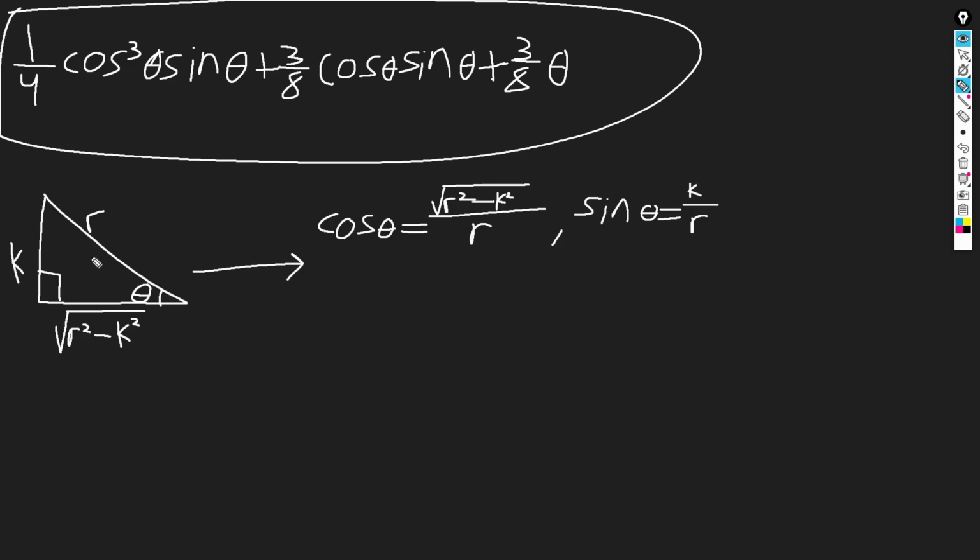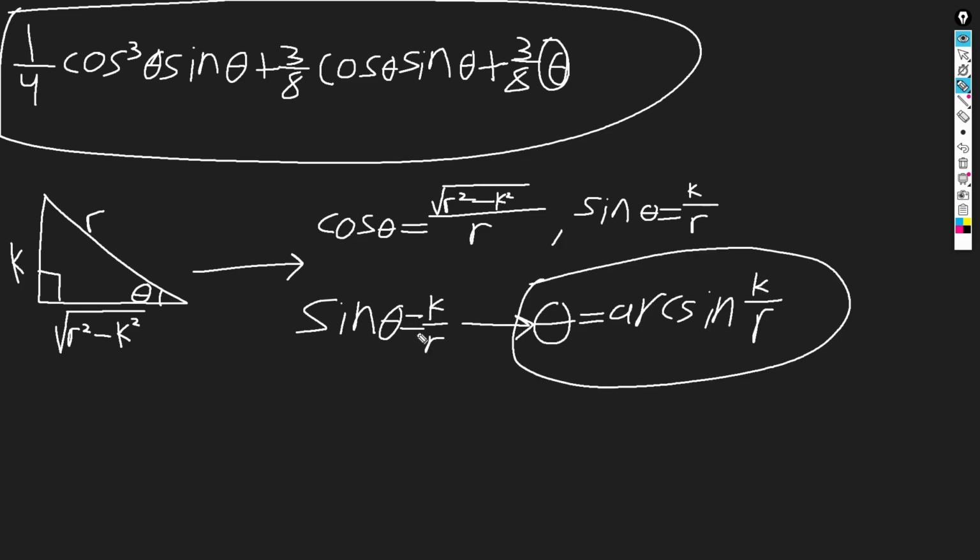Going back to this triangle, we know that cos theta is this and sine theta is this. But what is just theta? Well, since sine theta is just k over r, if we take the arcsine of both sides, we get theta is arcsine k over r. So we can substitute that for theta here.